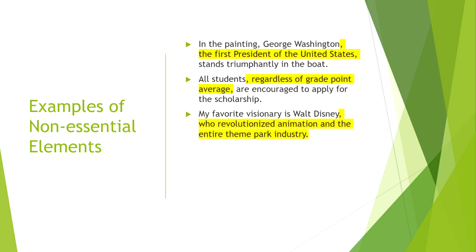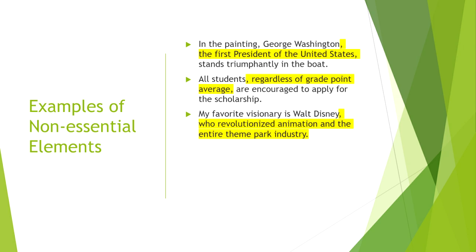Here's another example. My favorite visionary is Walt Disney, comma, who revolutionized animation and the entire theme park industry. So the real sentence is about the favorite visionary, but the author of this sentence added more information about Walt Disney. Not to define who Walt Disney is, but just to add some interesting information into the sentence, okay?